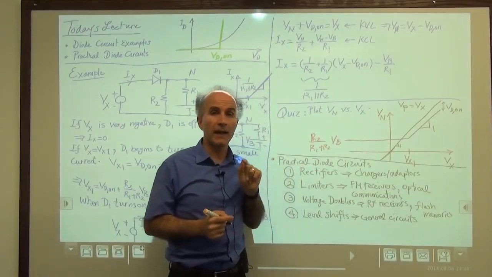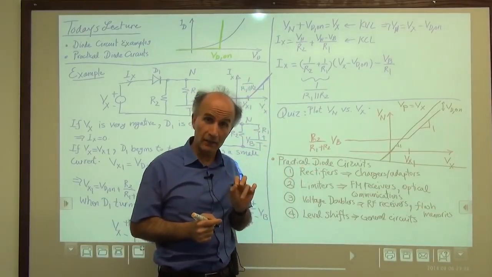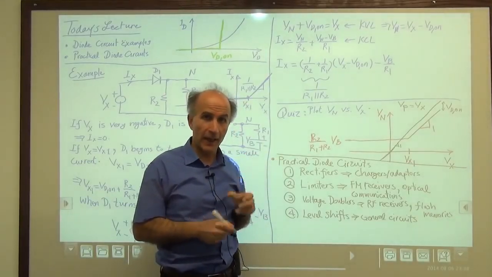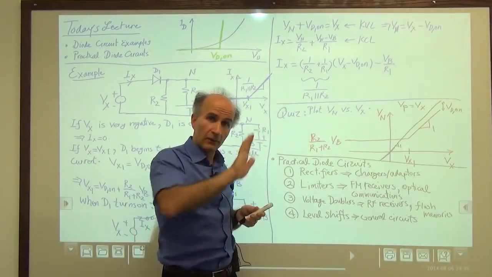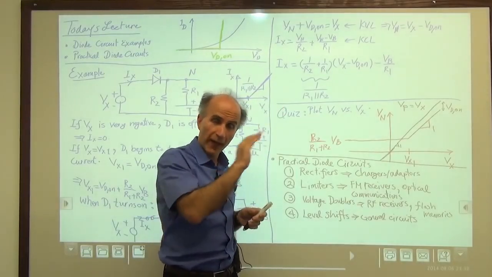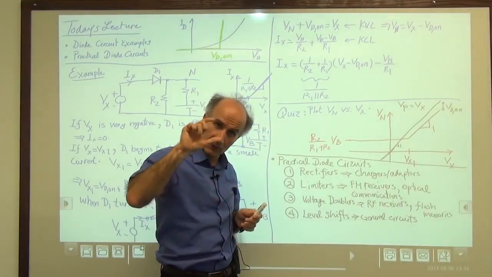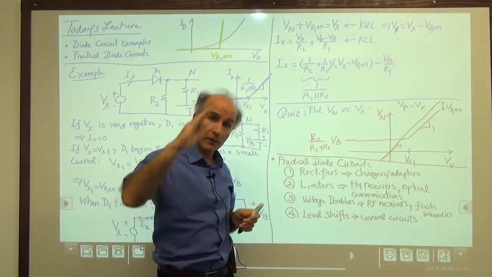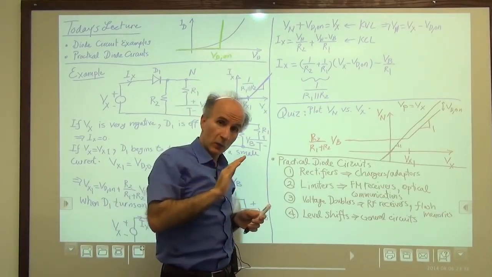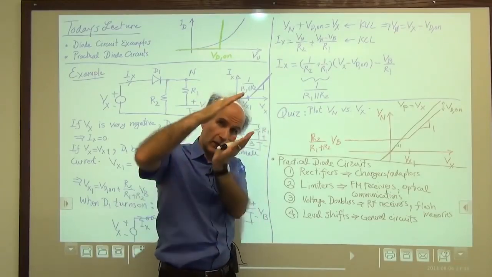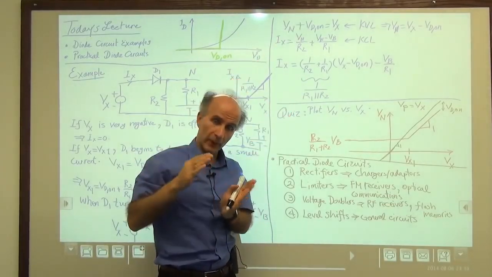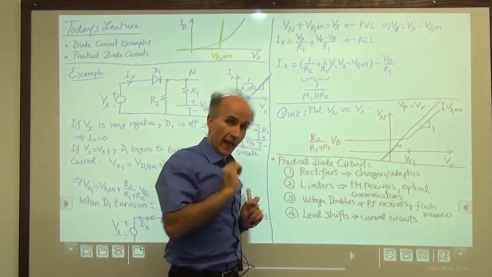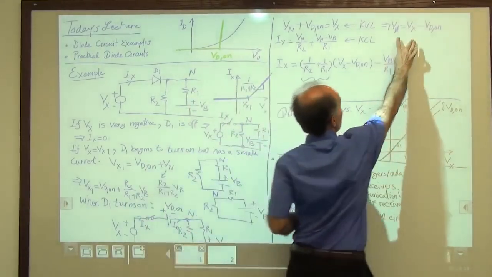So we say that Vn, some voltage in the circuit, tracks Vx. That means whatever Vx does, Vn wants to follow, wants to track it. Of course, there's a level shift, there's a shift between the two, but the shift is constant. So if the input goes up by 2 volts, Vn also wants to go up by 2 volts. But they are different by a certain amount, right? So we say Vn tracks Vx in this situation.